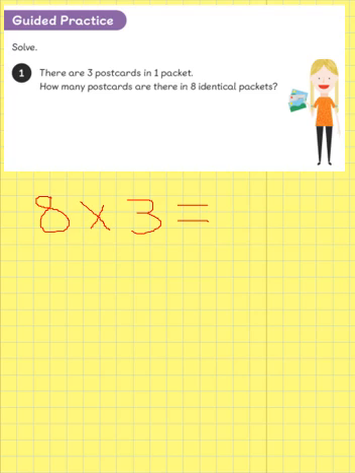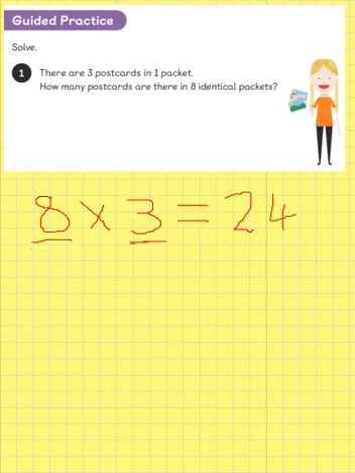Now I'm just going to have a double check of that before I answer it. So there are 3 postcards in one packet. So one packet has got 3. So this represents my number that are in each packet. And here, how many postcards are there in 8 identical packets? This is the number of packets that there are. So I've got my number of packets as 8, and I've got my number of postcards as 3. So if I do 8 multiplied by 3, that gives me an answer of 24.